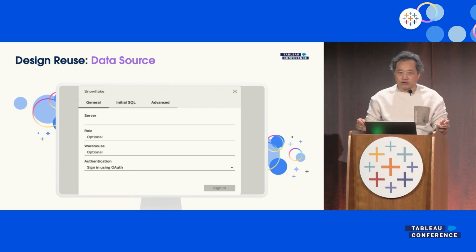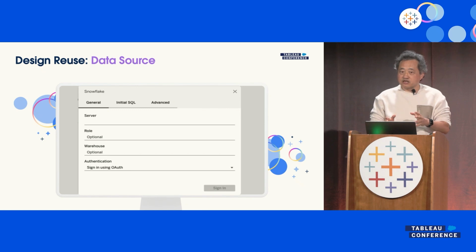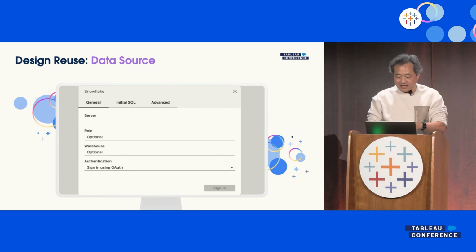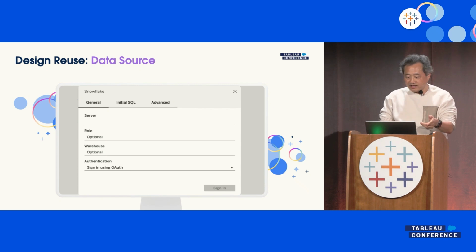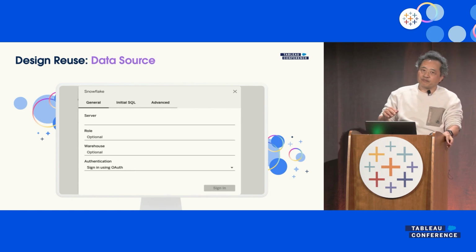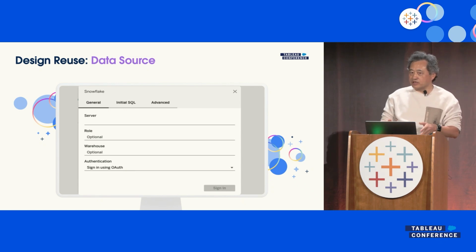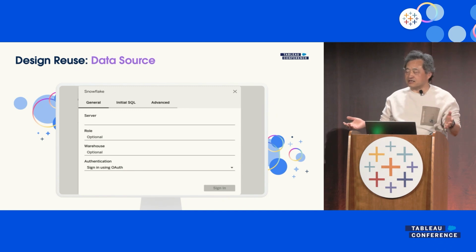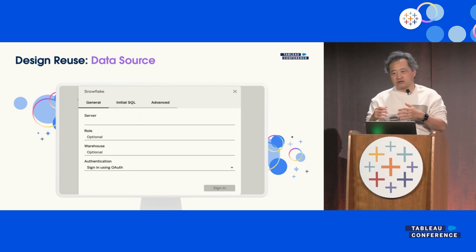Usually this way is to preserve the data source setup, like this Snowflake, for example. We have to set up all the server URL and the role and the authentication and stuff.